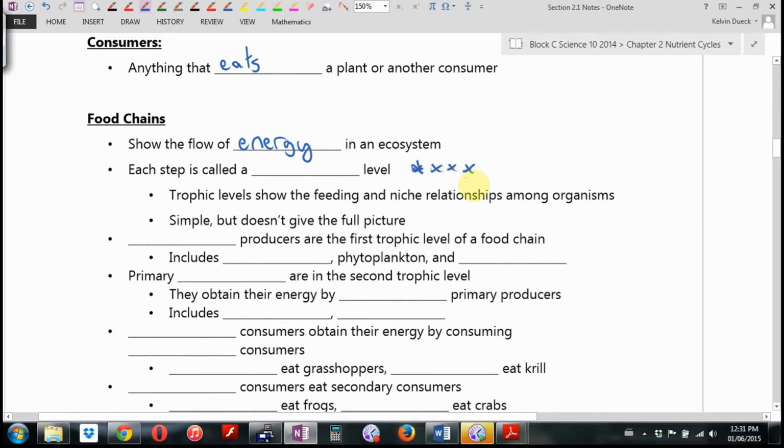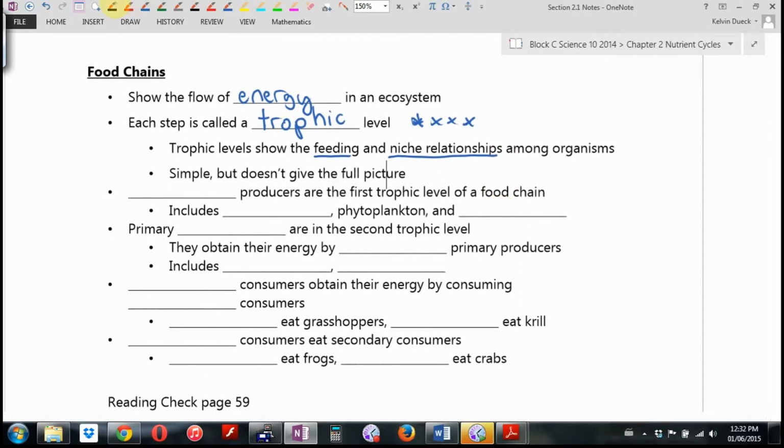Each step is called a trophic level. I guarantee that'll be on the provincial, or they'll use that in a question. Trophic levels show the feeding and niche relationships among organisms. They're simple to follow, but they're always too simplified. They never give the full picture, because life is far more complicated than what we're just going to let on.